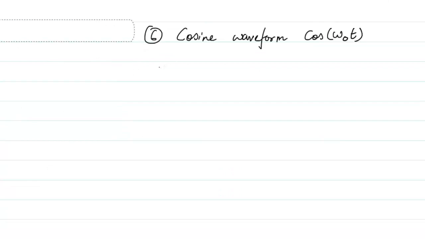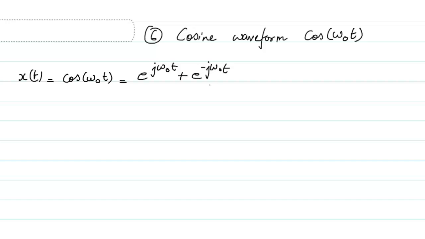Next is the cosine waveform, cos omega t. We know that x of t, that is cos omega naught t, can be written using Euler's function as e raised to power j omega naught t plus e raised to power minus j omega naught t, divided by 2.